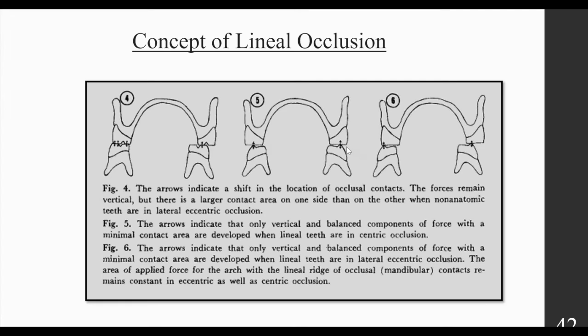The line of occlusal contacts does not change from the centric to the eccentric position in lineal occlusion. And in centric, only vertical and balanced forces with a minimum contact area are developed. The line of lineal occlusal contact can be located in either arch, and the decision depends on the factors which affect denture stability.